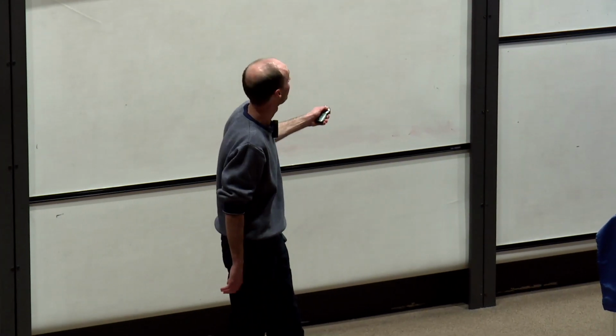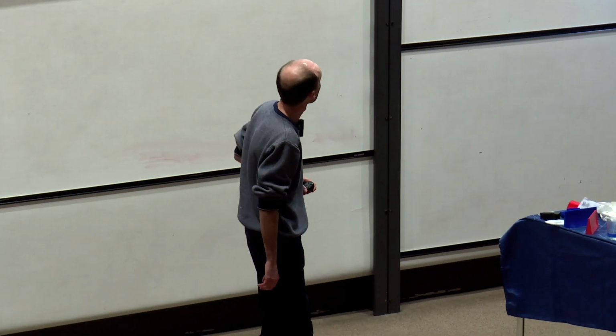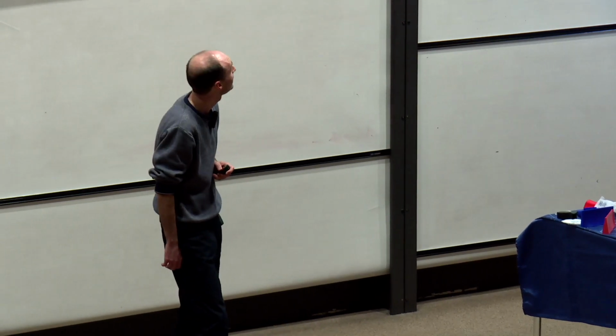And what we do in this is we take this complicated problem on the micro scale and upscale it so that we look at this on the macro scale. This is a bit like looking at the picture, going to the back of the room and screwing your eyes up a bit and getting a blurry picture of this. So that's our idea.